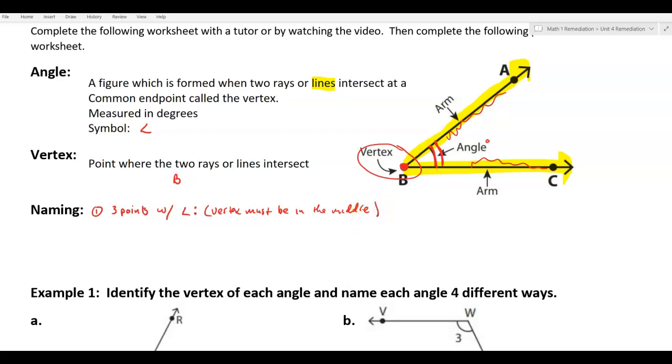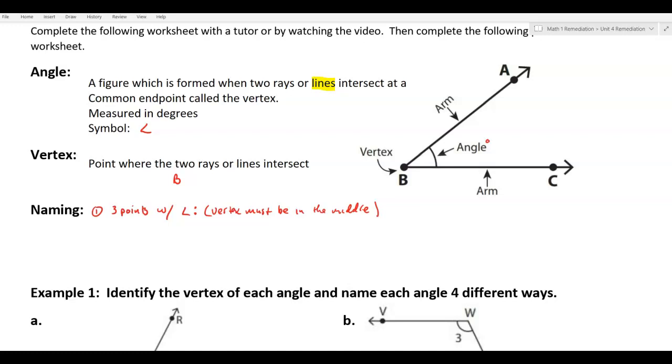Okay, that's key here. So when I go to name this using 3 points, I always tell students, the easiest way to do it is how would I trace the angle without going over a side twice or lifting the pen?